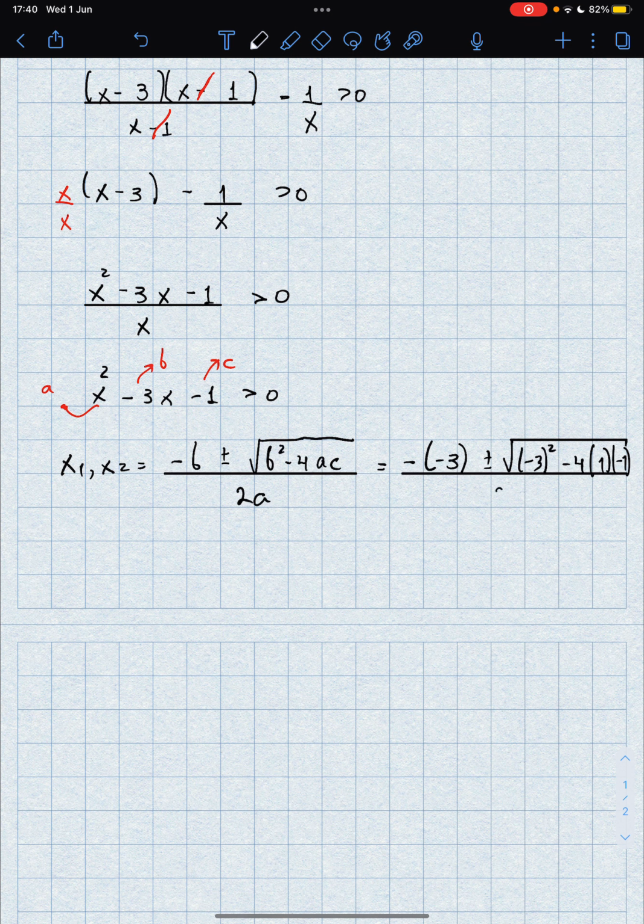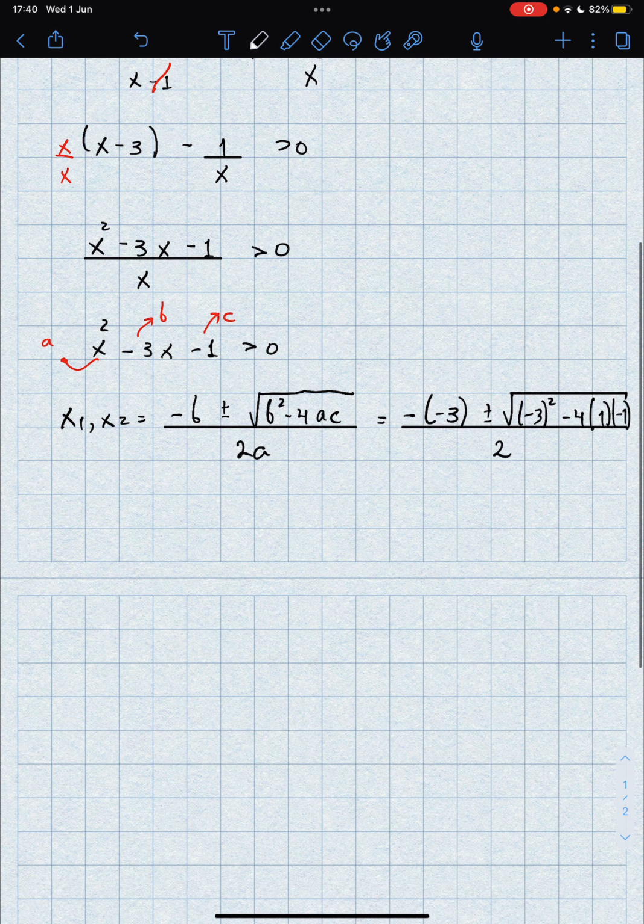divided by 2. Okay, so in this case it's gonna be 3, and here we're gonna have 9 plus 4, it's gonna be 13, divided by 2.